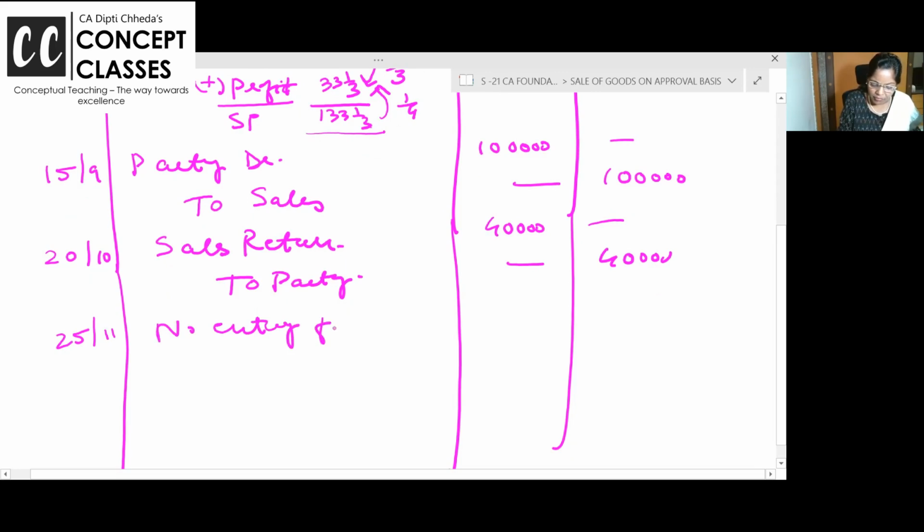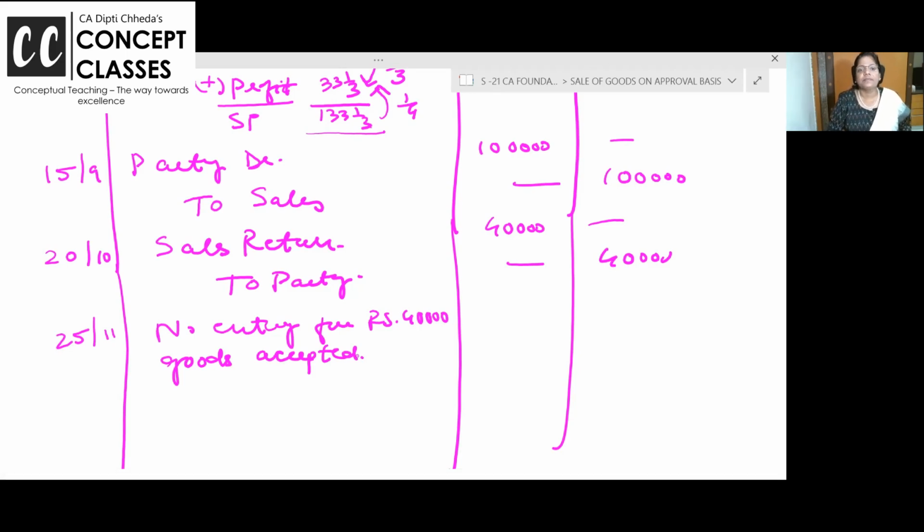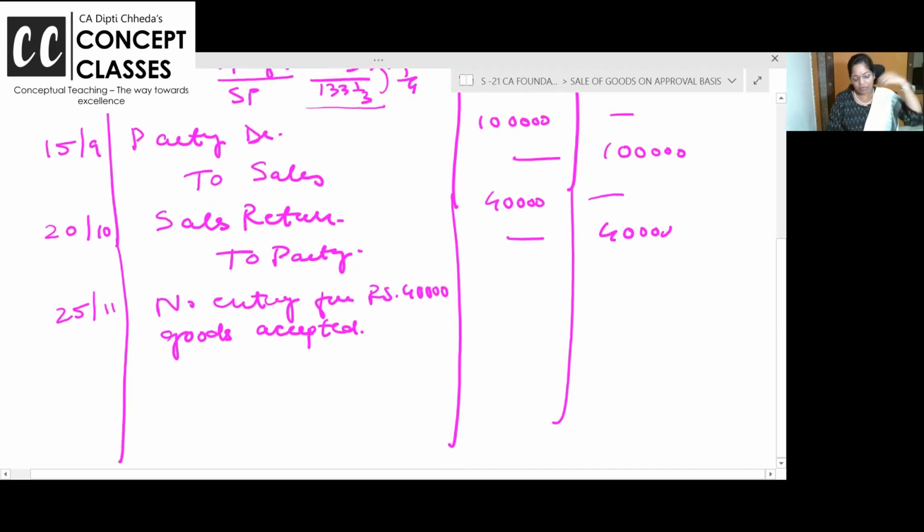No entry for the remaining 40,000 goods accepted. 1 lakh party to sales हो गया, sales return to party ये भी हो गया. No entry for 40,000 goods accepted.